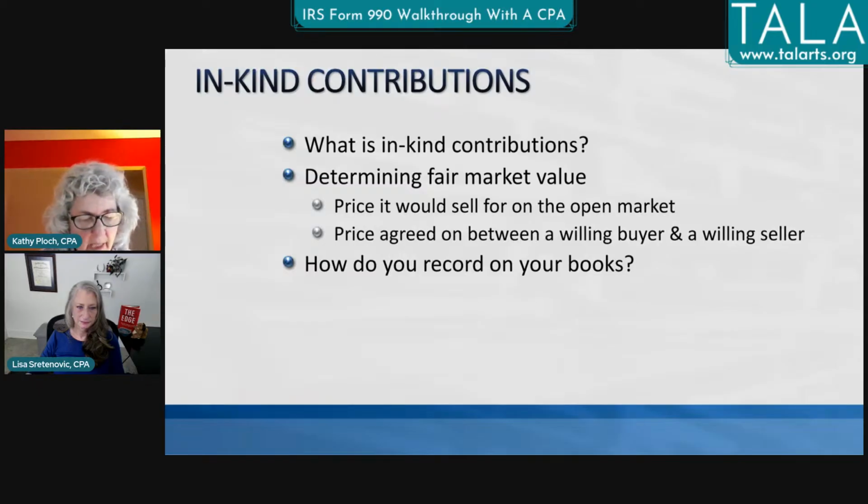When you do it on your books, we're going to debits and credits, guys. You're going to debit the expense account and credit the in-kind contributions. Contributions are generally a credit, expenses are a debit on the books. Also, you don't tell the donor what the dollar amount is if they're giving you something.